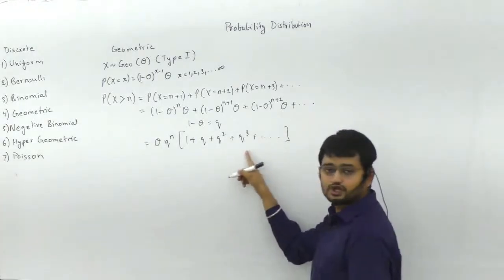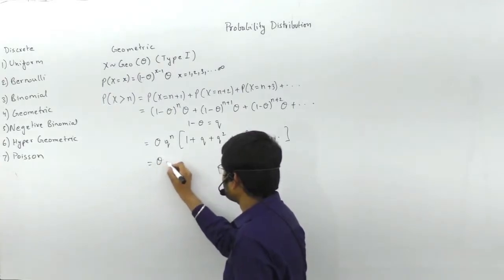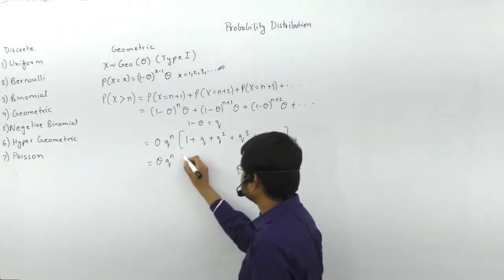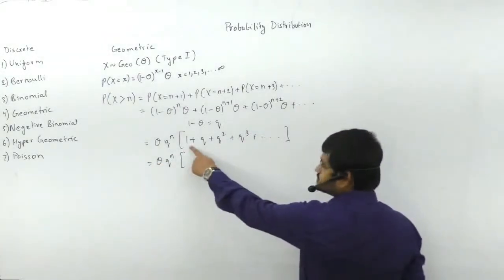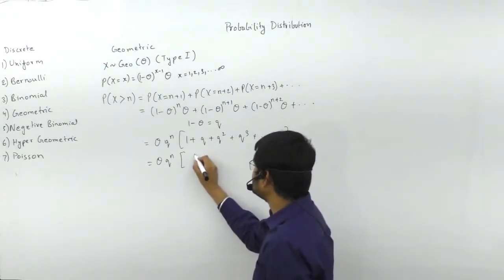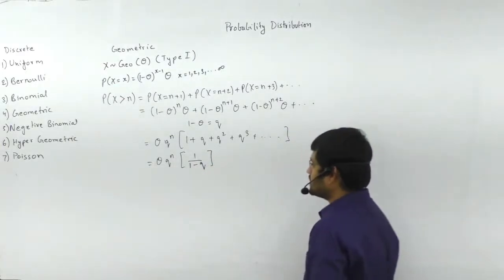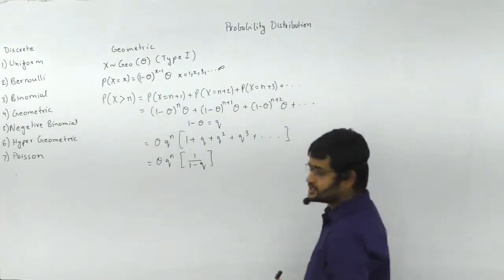Now this is nothing but geometric progression. So for the sum of a geometric progression, we'll have first term as 1 and a ratio as q. So here we'll have 1 upon 1 minus q. q is nothing but 1 minus theta.